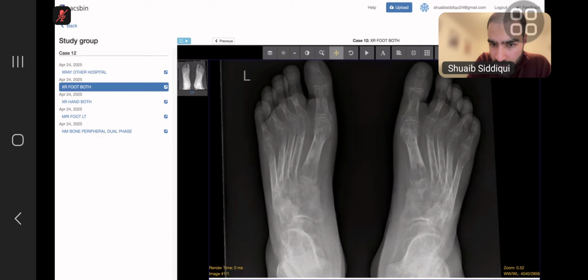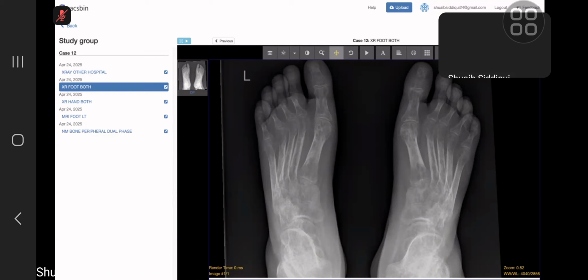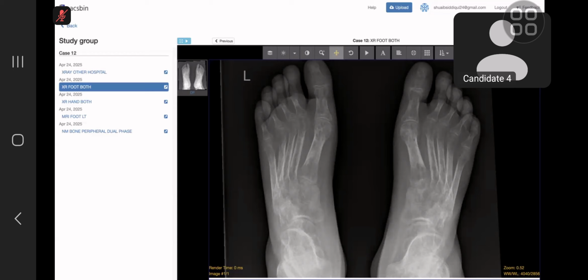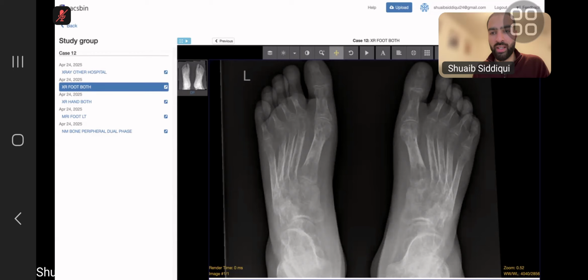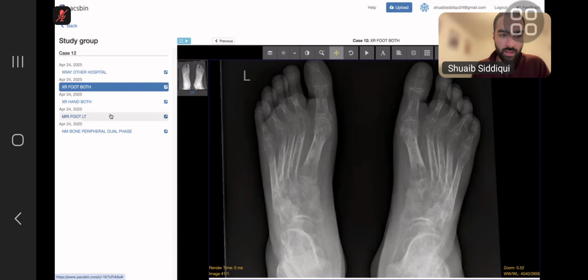What do you think of the joint spaces? Joint spaces are not affected. Okay, so you told me the joint spaces are not affected. There's no erosion. So do you think this periarticular osteopenia is there? But yeah. So what else would you like to do? What would you like to do next? I will proceed with an MRI scan. Okay, fine. Proceed.